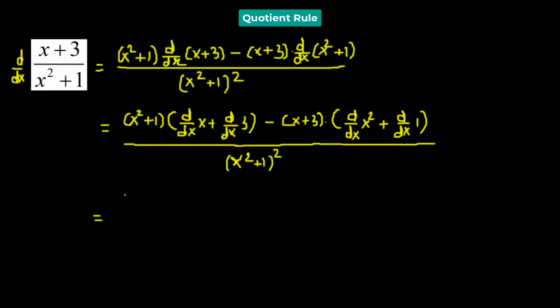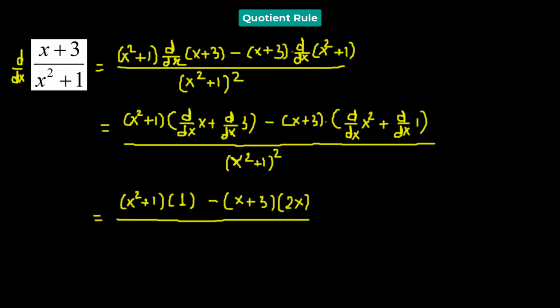So we have x squared plus 1 times derivative of x is 1 and derivative of 3 is 0, minus x plus 3 multiplied to derivative of x squared is twice of x and derivative of 1 is 0, whole divided by x squared plus 1 squared.